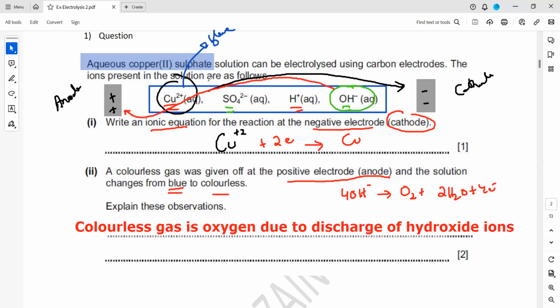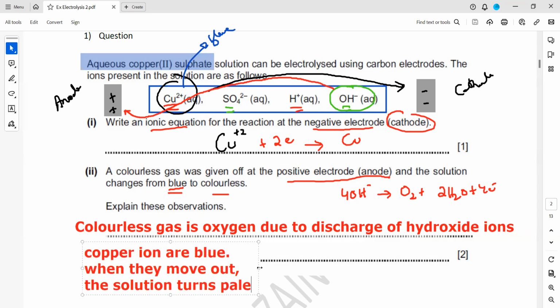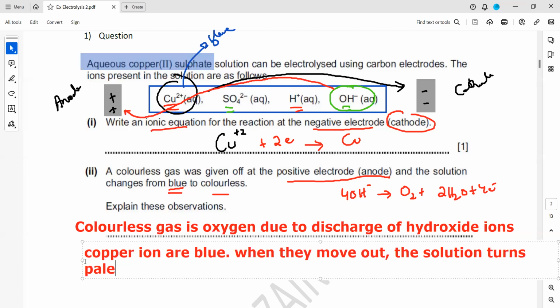As the copper ions are discharged at the cathode, the amount of copper ions will decrease in the electrolyte. That's why the solution will become colorless, or you can also say paler. Copper ions are blue.